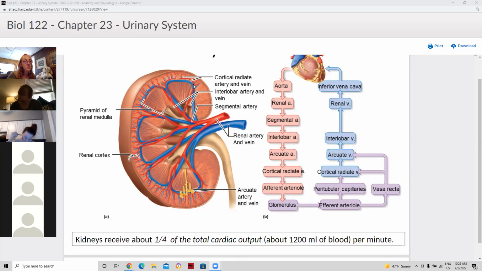As it arcs above the pyramid, it becomes the arcuate artery, which branches off into the cortical radiate arteries, or the interlobular arteries is the other name for them.